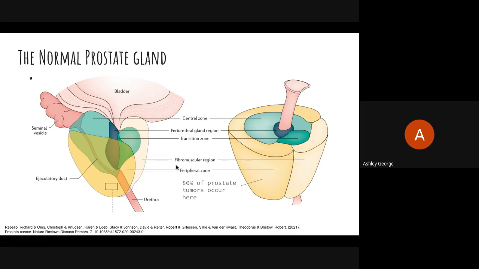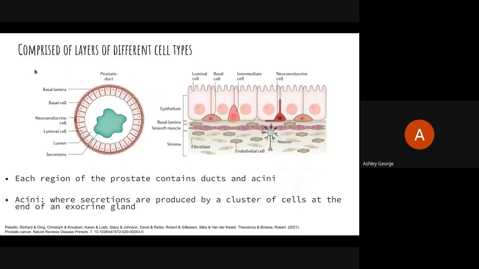I don't know if you can see my cursor, but the peripheral zone is where the vast majority of prostate tumors occur. So that is a lot of focus in terms of research for prostate cancers and potential treatments.